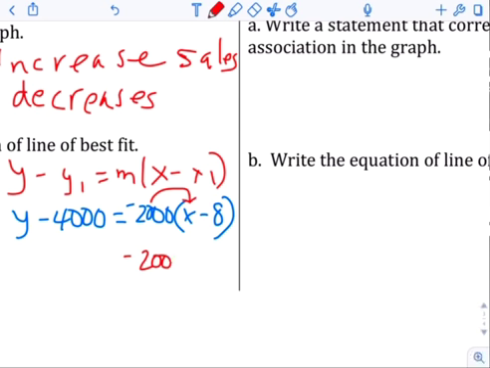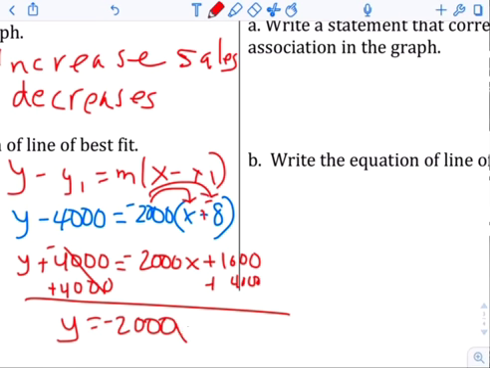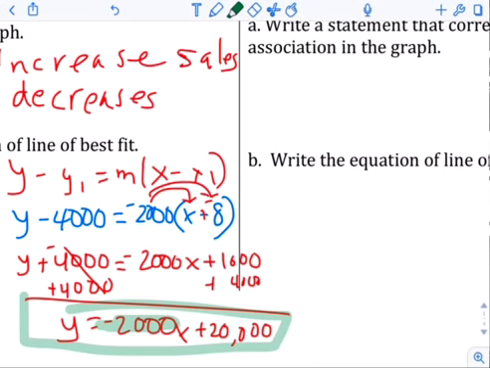Negative 2,000 x plus 16,000. This is y minus 4,000, additive inverse, plus 4,000. y equals negative 2,000 x plus 20,000. Make sure you put that negative 2,000. So that is the equation of your line.